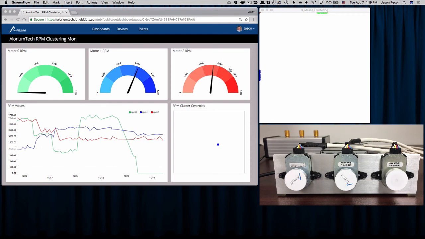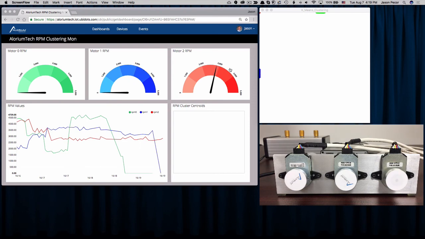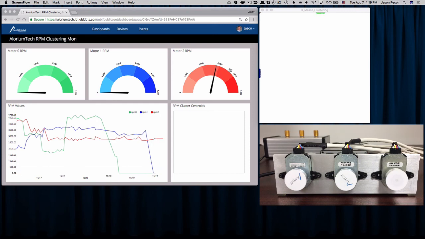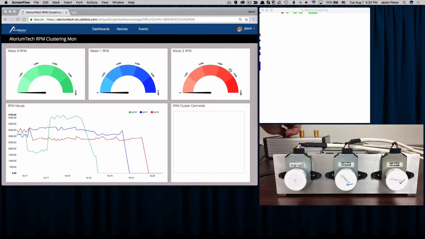I don't know that ratios of motors are necessarily interesting to anybody, but it's one way to show that you can do some calculation, harvest a bunch of data, and cluster it. We just picked this as an arbitrary way to grab data, cluster it, sort it based on something, and then push it up to the cloud. Hopefully, this at least gives you some ideas of the things that are possible.